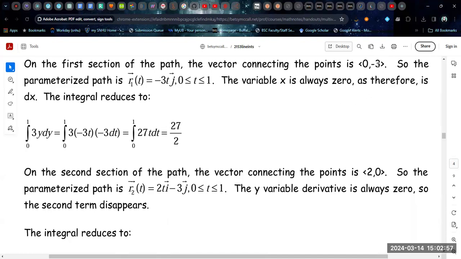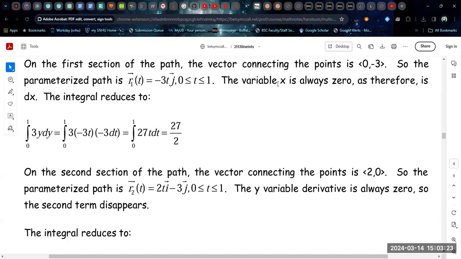So again, you're doing your differences, 0 minus 0 doesn't change anything, but -3 minus 0 is going to give you a change of -3 in the y direction. Our component then is -3t plus the starting point, which is 0. And again, this parametrized line segment is valid from 0 to 1 on these 2 points.